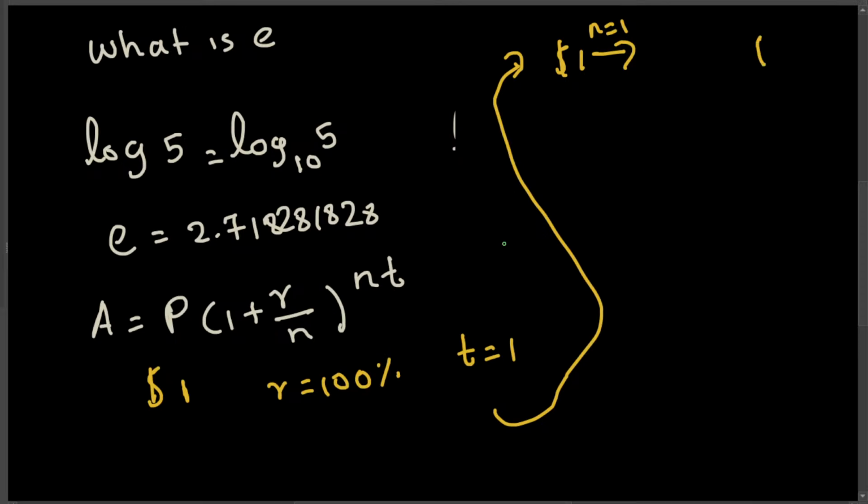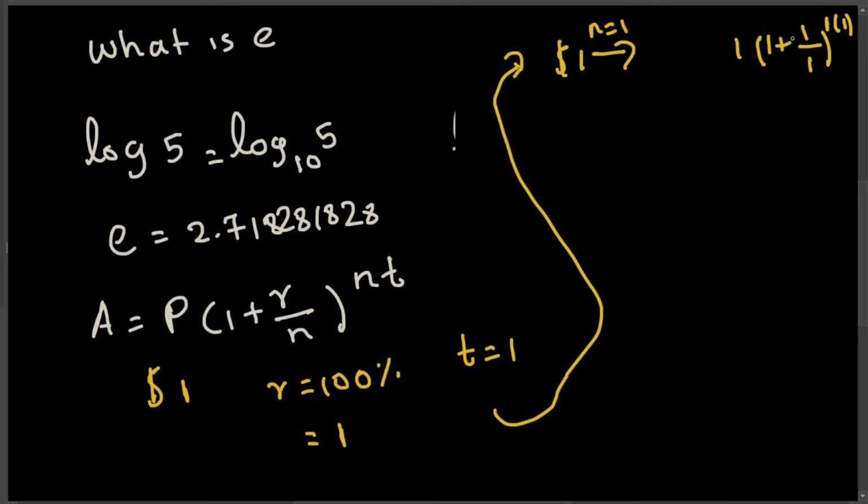We know the principal amount is 1, and the interest rate is 100%. If you express it in the equation, you have to divide by 100, and you get 1. If it's 50%, you divide by 100 and get 0.5, like that. So this is going to be 1 here, divided by the number of times compounded in a year, that's 1, to the power n times t, where n is 1 and the time is 1 year.